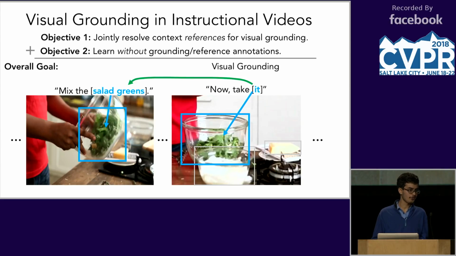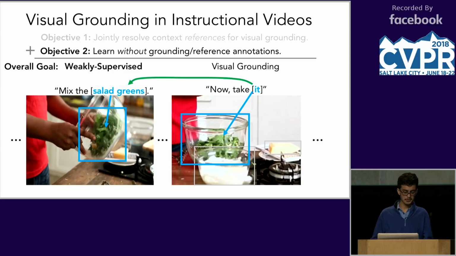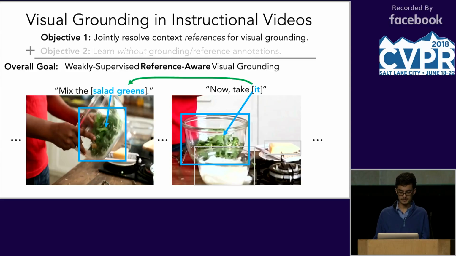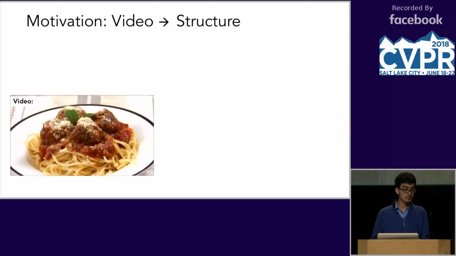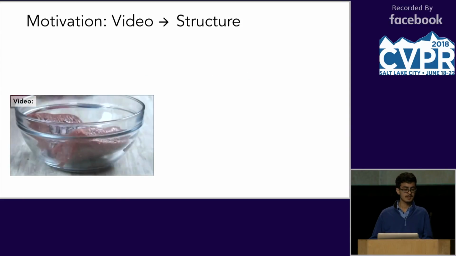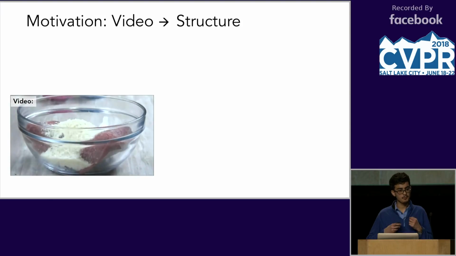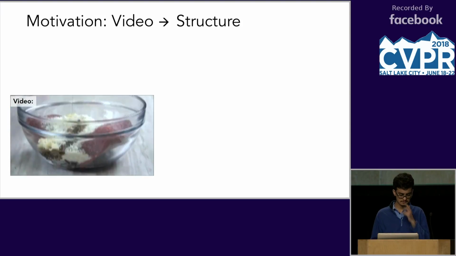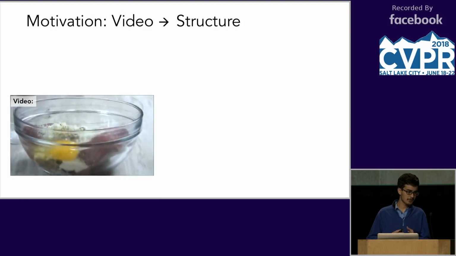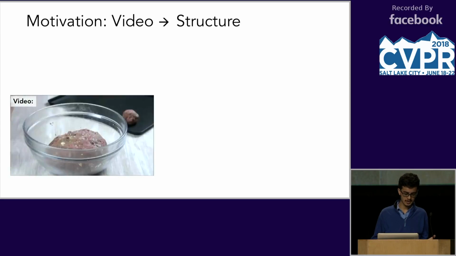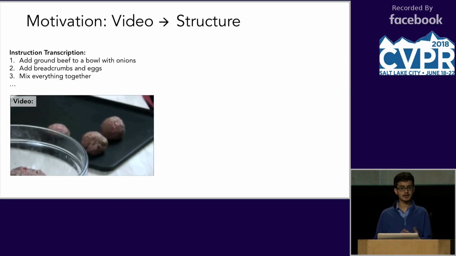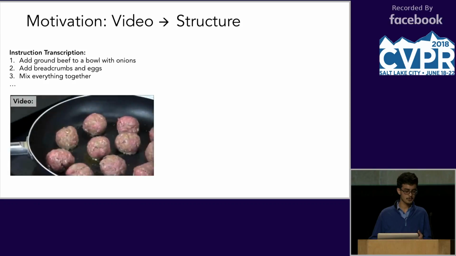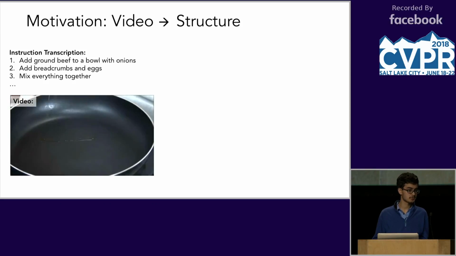So overall, if we combine the two objectives, our goal is weakly supervised, reference-aware visual grounding. Before we delve into the technical details, a brief aside to describe why we think it's so important. As I said, we already have a ton of instructional videos on the web, and improvements in automatic speech recognition mean that we are getting more and more time-aligned transcriptions.